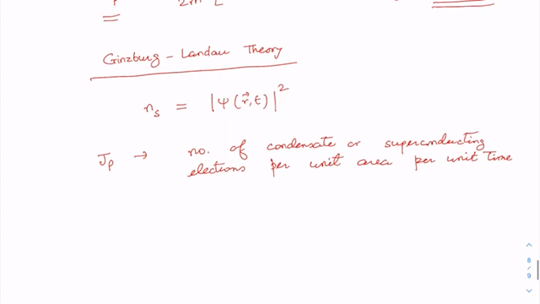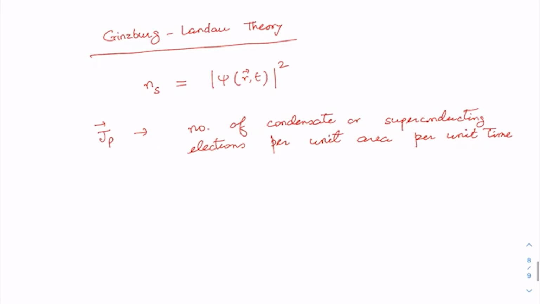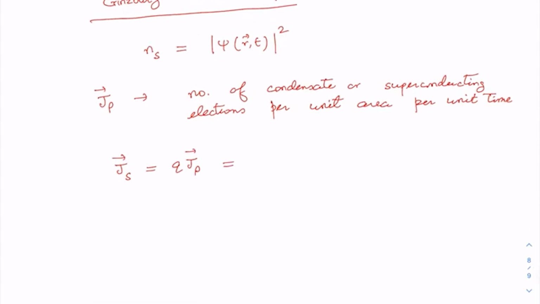And J rho, this quantity, can be related to the current density provided we just multiply J rho with the charge. Then this would be simply the current density Js, and you know the current density is related to the number density of the electrons and its velocity.